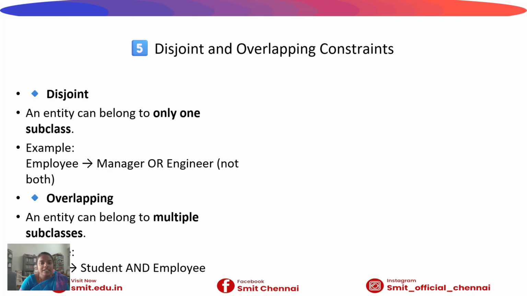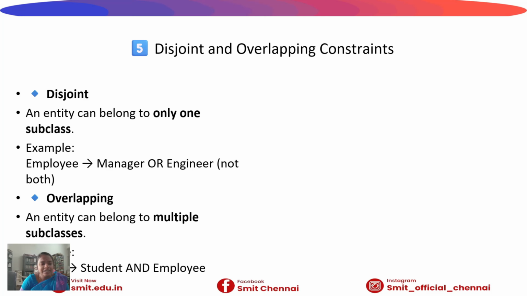Moving on to the fifth one, disjoint and overlapping constraints. Disjoint means an entity belongs to only one subclass. For example, an employee is either a manager or an engineer, not both. Everyone can be named an employee, but with only one posting, like manager or engineer. And then moving on to overlapping.